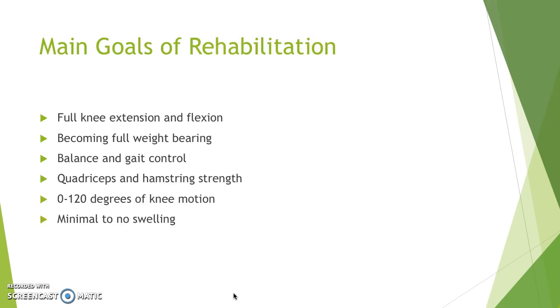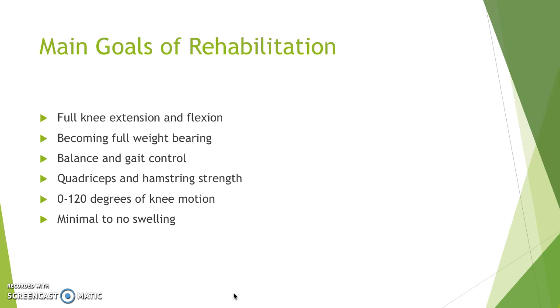You have some main goals of rehabilitation as a whole when you're looking at knee rehab. One of the biggest ones is you're going to want full knee extension and flexion of that knee. You want that patient to become completely weight-bearing. You also want them to have balance and good gait, so they're walking well. You want to make sure that they're not a fall risk.